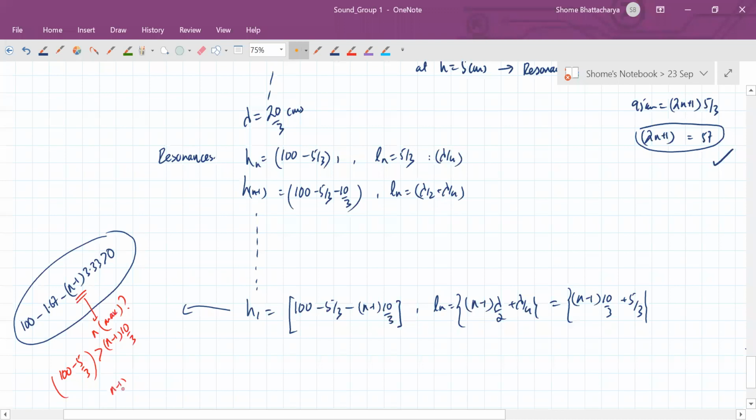So n minus 1 should be less than 295 divided by 10. So n minus 1 should be less than 29.5. Now n minus 1 is an integer, so the closest integer less than 29.5 is 29. So n minus 1 should be 29.